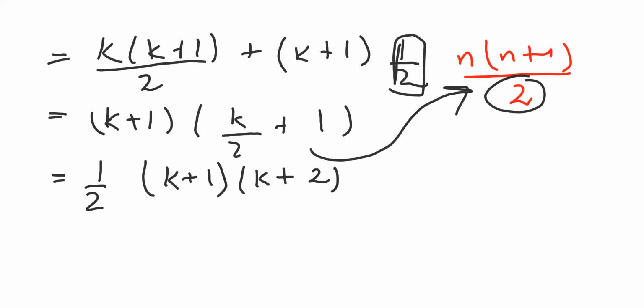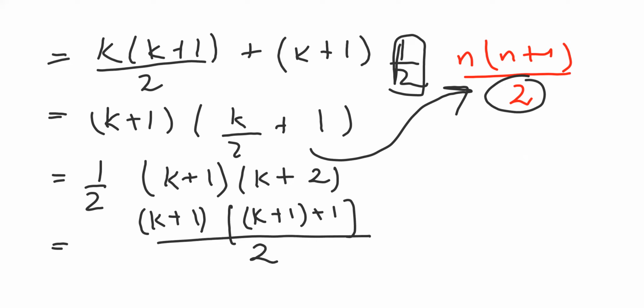So you get 1 by 2 k plus 1 k plus 2, and when we simplify it further, you're going to be adding your other brackets here. You're going to be getting k plus 1 plus 1 over 2. Now this is the same as this. How?